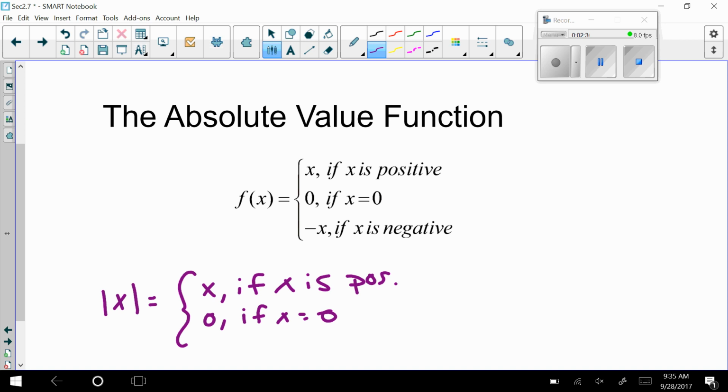And it equals the opposite of x if x is already negative. Our absolute value function is f of x equals x if x is positive, 0 if x is 0, and negative x if x is negative.